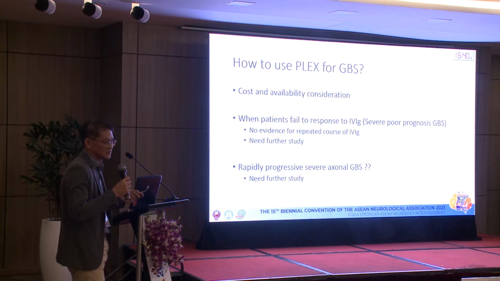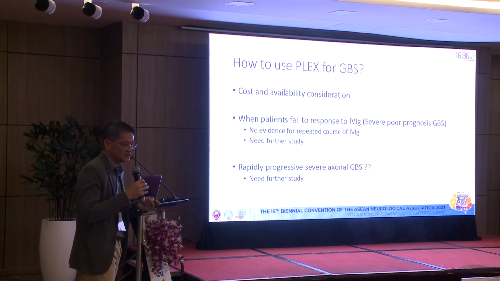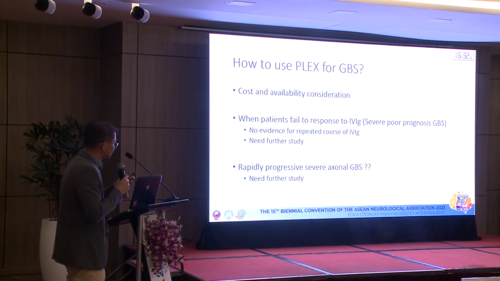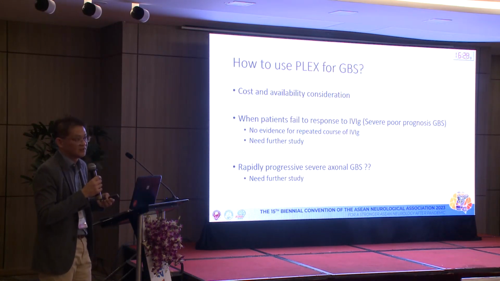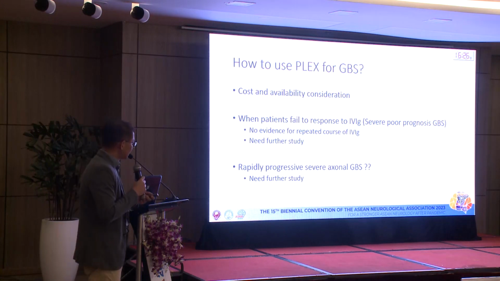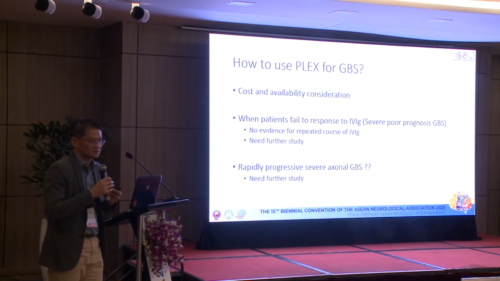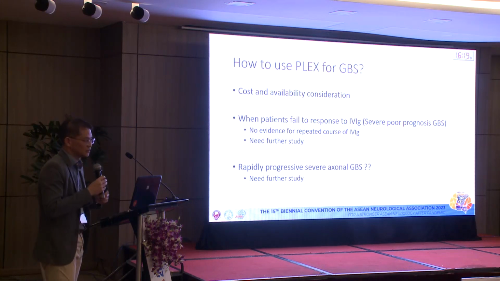So you might want to consider plasma exchange if the patient still remains ventilated and in a severe form of disability. But of course, this needs to be studied further. For rapidly progressive severe axonal GBS, again, more study will be needed to confirm the use of plasma exchange in this group of patients.